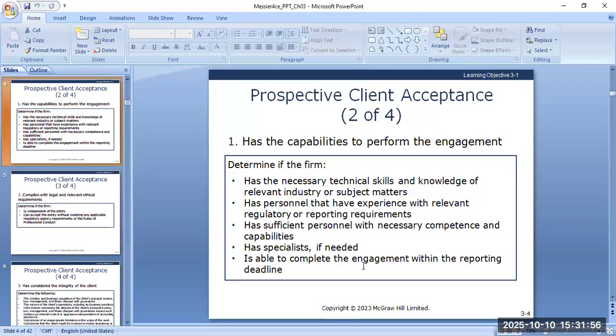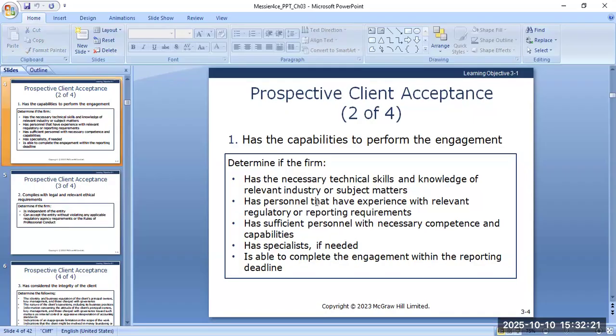The question is, once we know the company, once we know the industry, once we assess that we have the people with the experience, sufficient personnel and the specialists, can we conduct the audit within the time frame? This is the first step. This step is going to tell us, do we have the capability to perform the engagement?